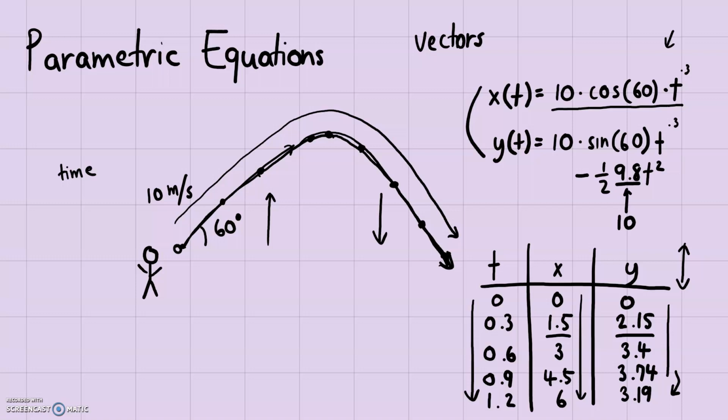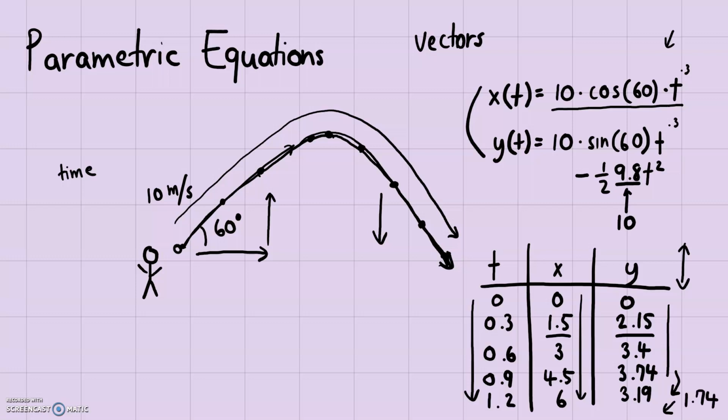That's the y motion. Whereas the x motion, it just keeps going to the right. So that is reflected on this table. As time increases, x increases consistently, but y is going to increase, and then it's going to decrease again. And in fact, the next value here is going to be 1.74.